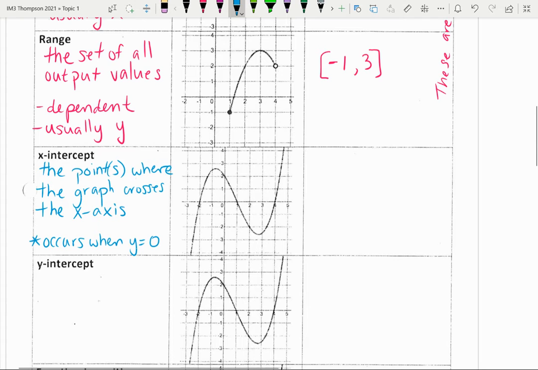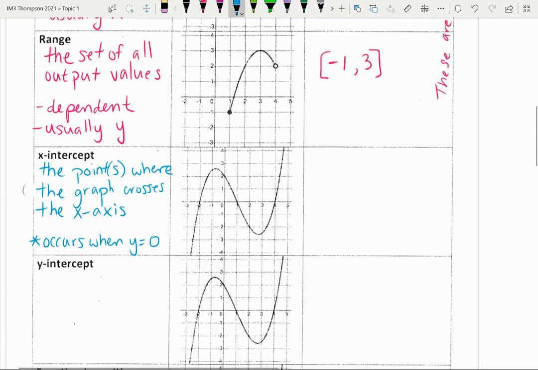So that assumption means that this is going to continue to come down forever and continue to go up forever. If the graph were to stop and not complete to the end of the window, then we would assume the graph stops. But as long as the graph continues to go to the edges of the window, we assume it goes on, which is why when you're doing your graphs, it's important that you continue your graph to the edge of the window and not just give me a little piece of it.